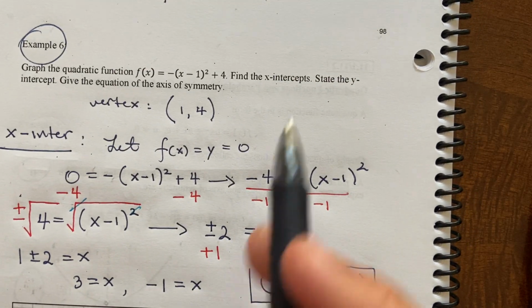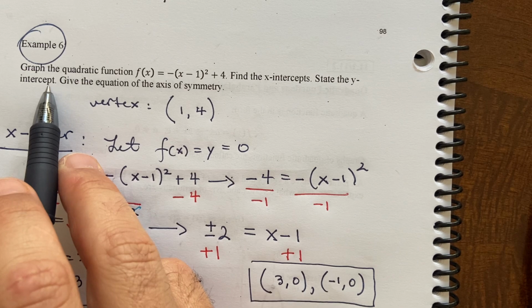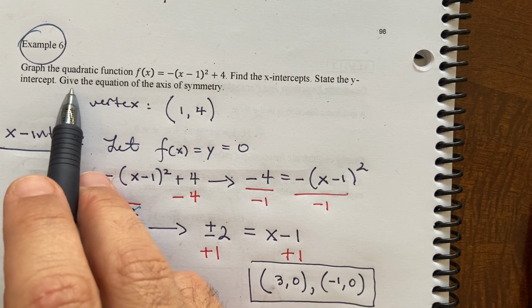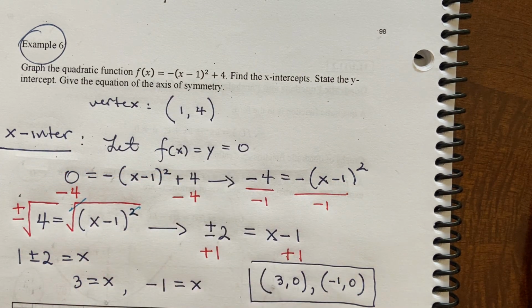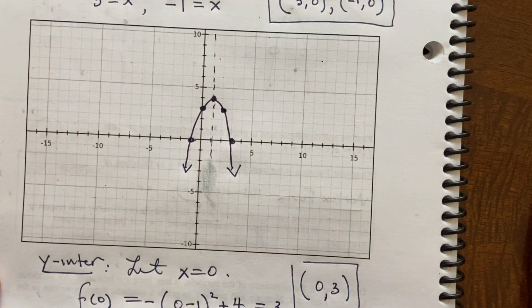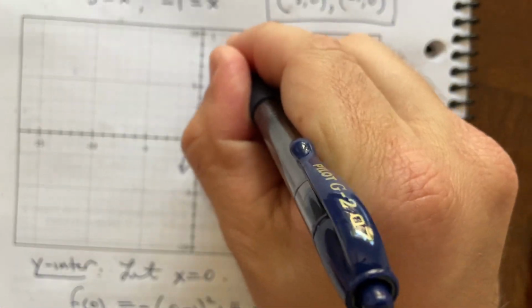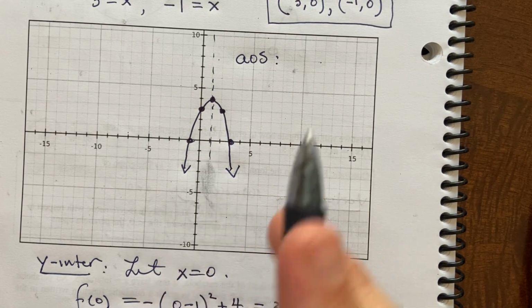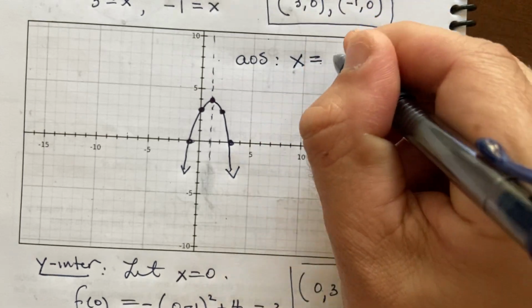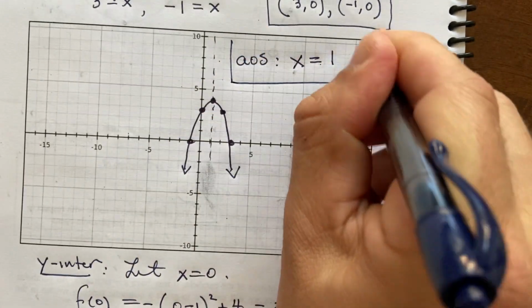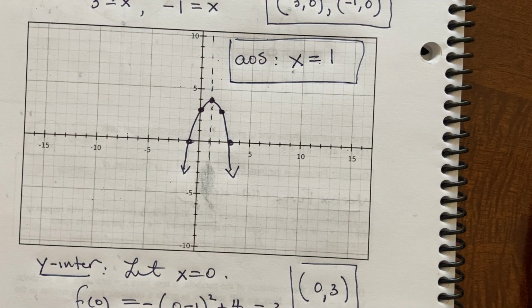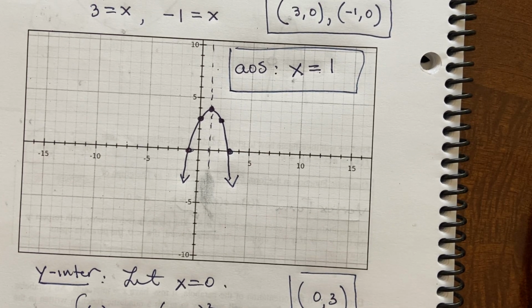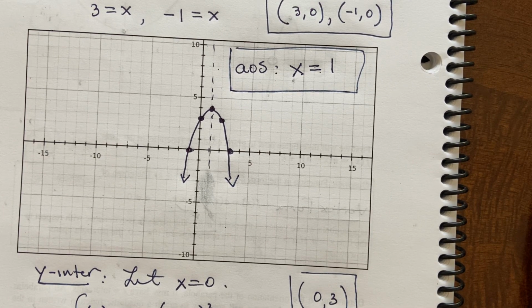So this problem was asking for the y-intercept, x-intercepts, and also the equation of the axis of symmetry. So this is that axis of symmetry. Since it's going through 1, the equation for it will be x equals 1. Okay, so there are those things that we were being asked to do here, the graph, intercepts, and axis of symmetry.